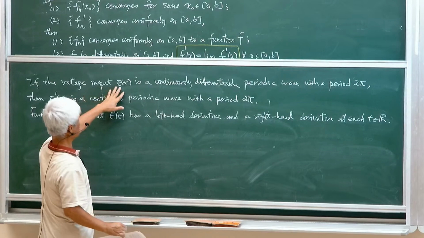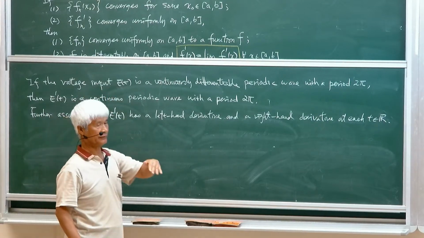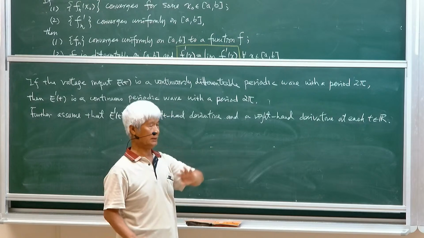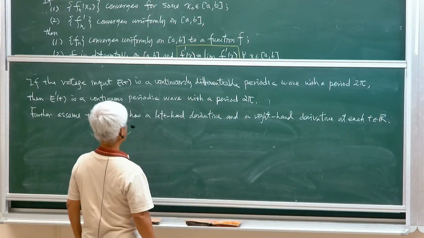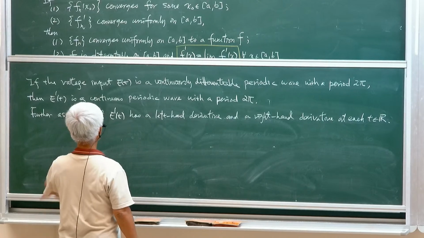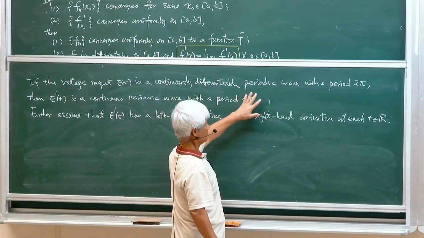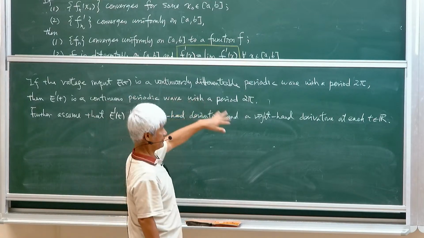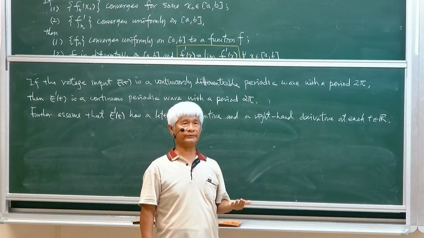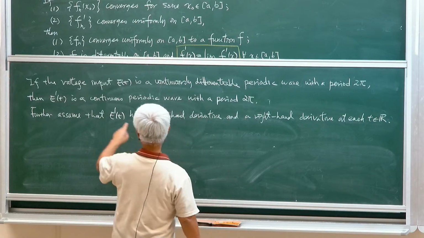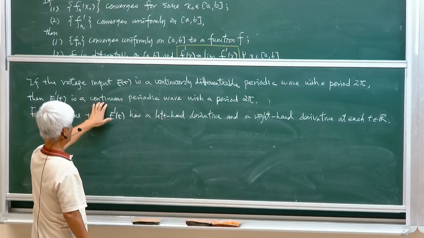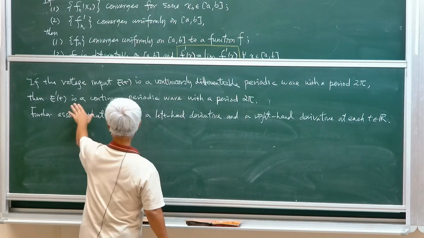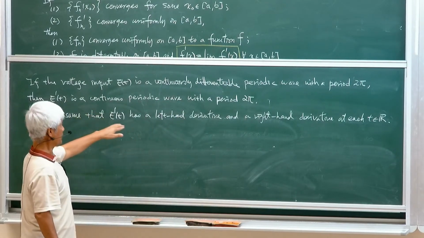The voltage is a periodic wave, for example some clock signal. We assume the voltage signal is continuously differentiable, so its derivative is a continuous and periodic function with period 2 pi.